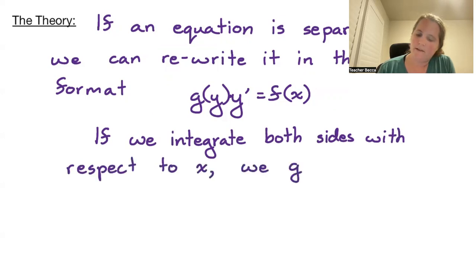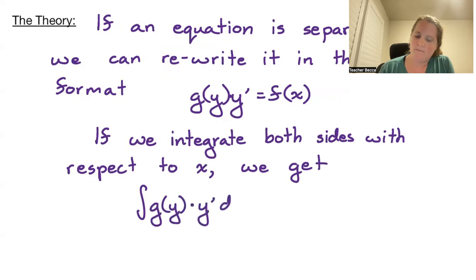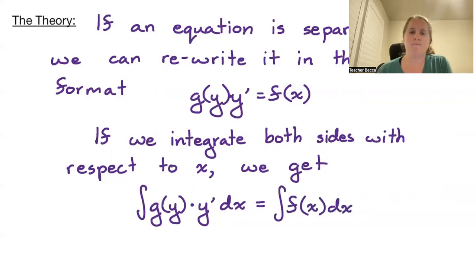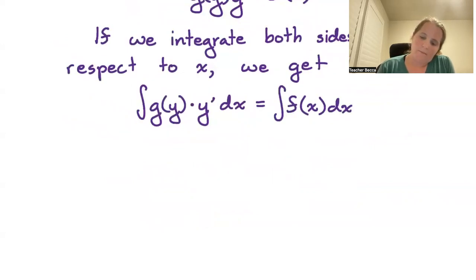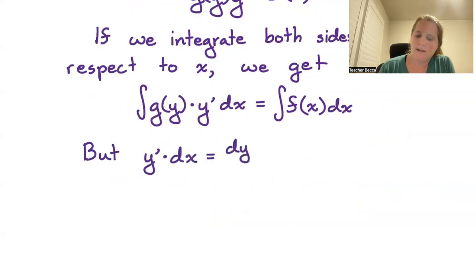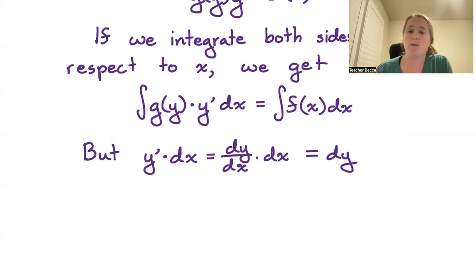Then we get that the integral of g of y times y prime dx is equal to the integral of f of x dx. But y prime times dx is just dy dx times dx, which is just dy when we work with differentials.